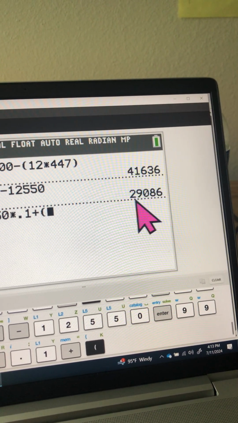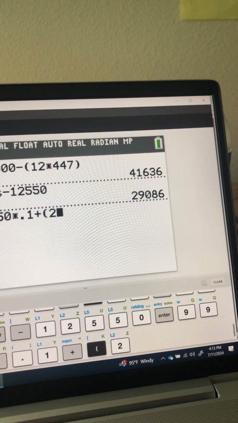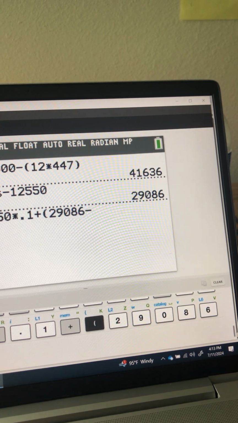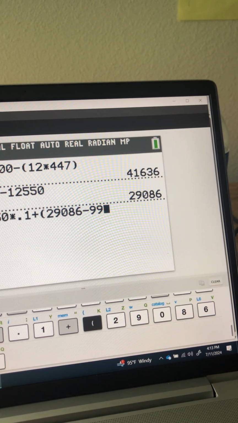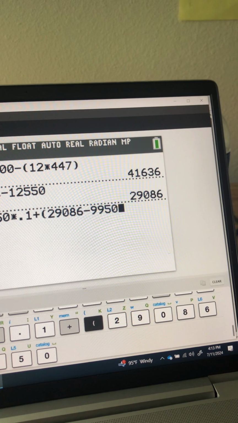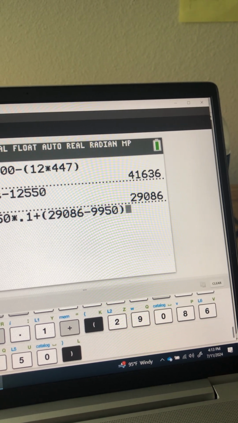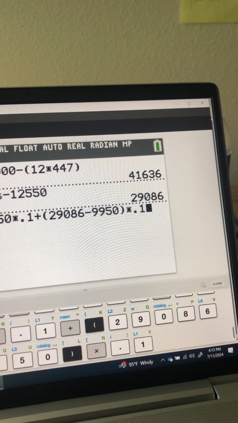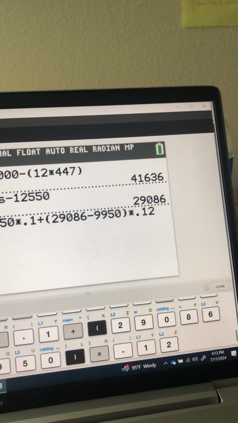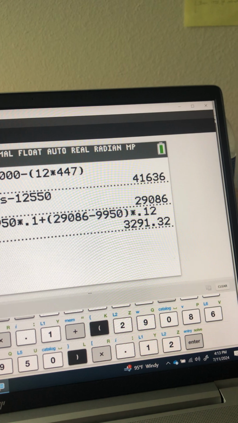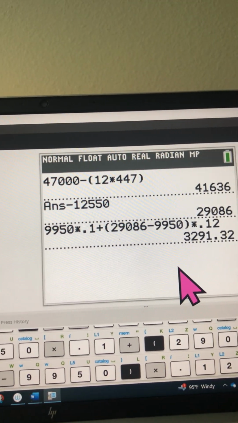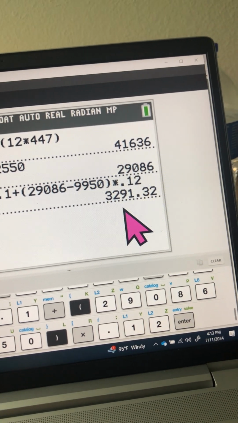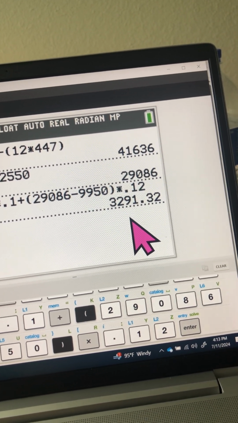So taxable income 29086 minus 9950, and multiply that by 12%, so 0.12. That should be the tax amount for that person with the IRA.